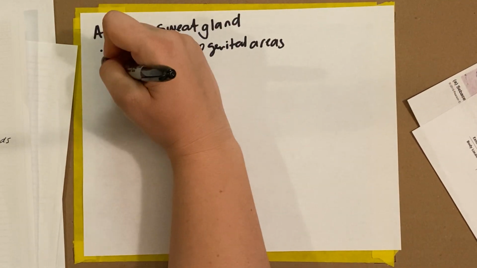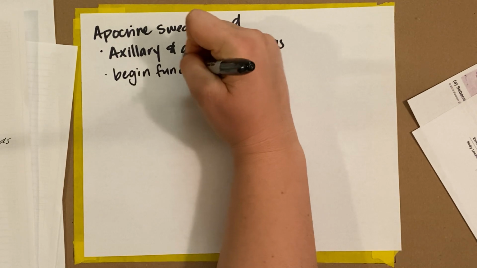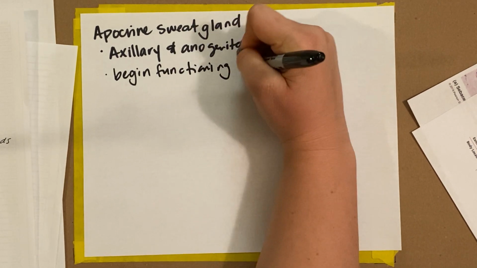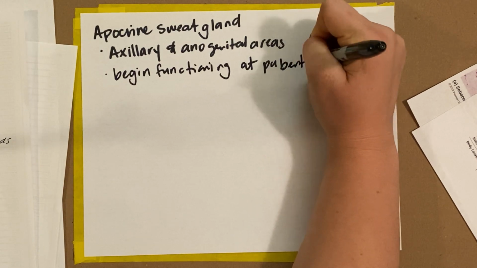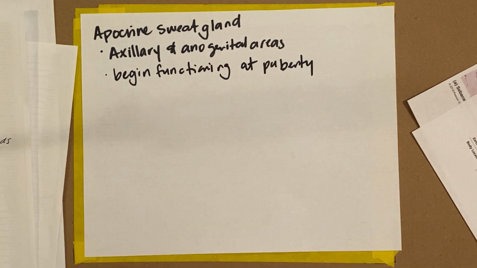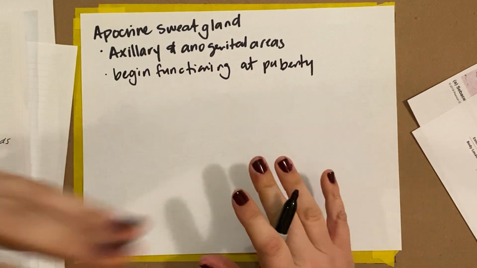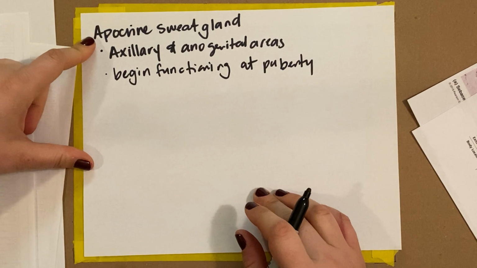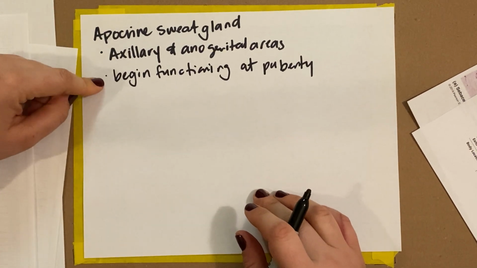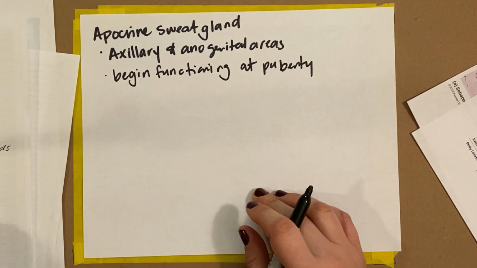These begin functioning at puberty. So if there's a question asking you which of the two sweat glands functions in childhood and adulthood, it definitely will not be the apocrine gland. It's going to be the eccrine, because these ones do not start functioning until you hit puberty.